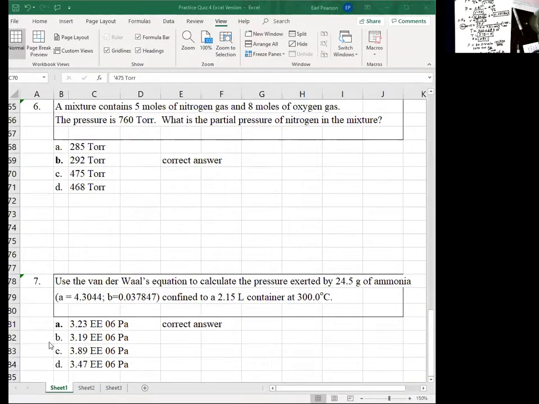It's closest to this answer, but the key says it's this answer. And I've worked this enough times that I'm pretty confident this is correct. So I'll go back off the air and I will work this through again. If it is incorrect and B is the correct answer, then I will upload the correction to D2L and notify you by email that that's what I've done.